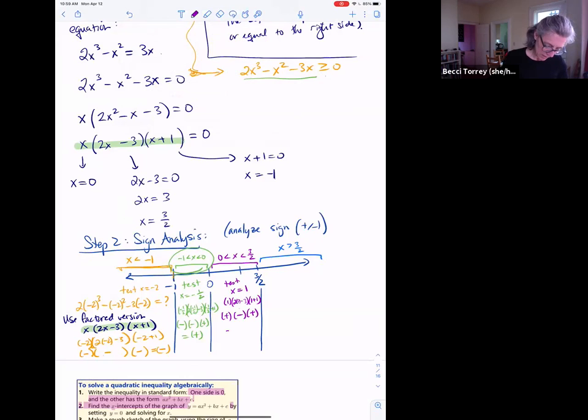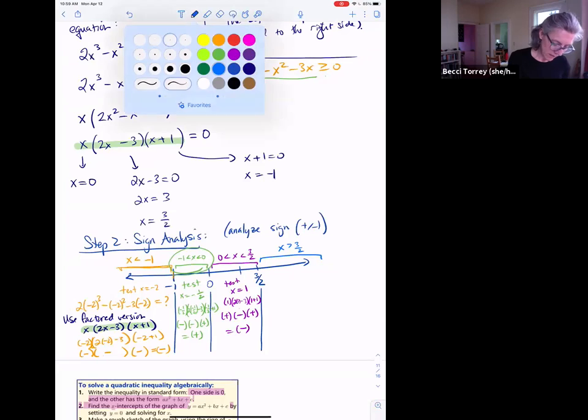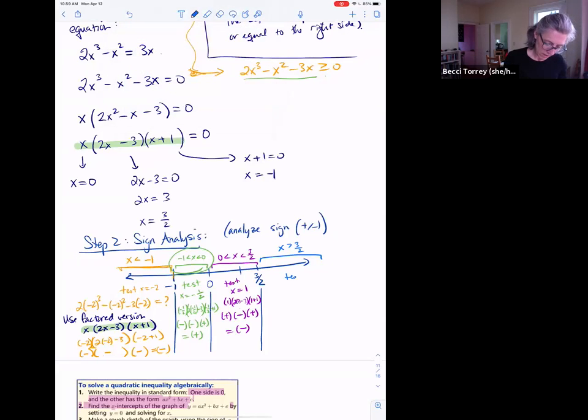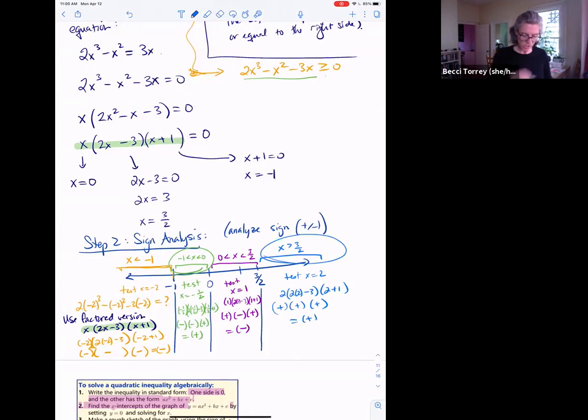Last number is positive. So this is a negative number. So these are not solutions. And then finally, I'm going to test something bigger than 3/2. Maybe x equals 2. So I have 2 times 2 minus 3 times 2 plus 1. So this is positive multiplied by a positive number multiplied by a positive number gives me a positive number. So these are also solutions to our inequality.